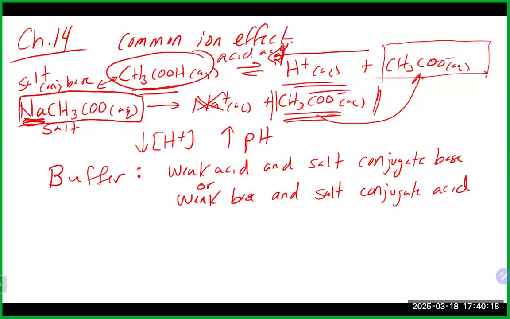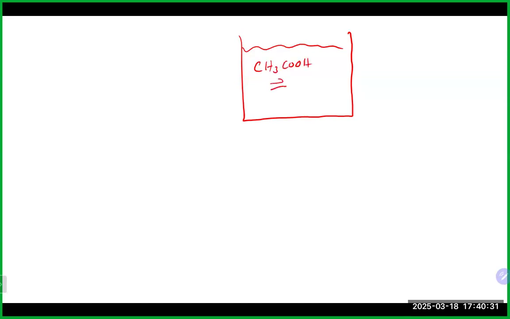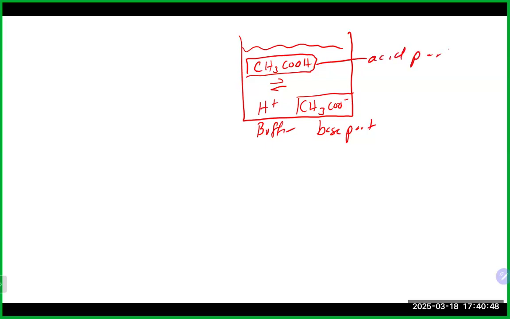When you put something like acetic acid and some sodium acetate into a beaker, that acetic acid will set up that equilibrium along with the arrows in the beaker there. And we will have, as I mentioned before, a base part to our buffer, if this is our buffer, and we will also have an acid part to our buffer as well.